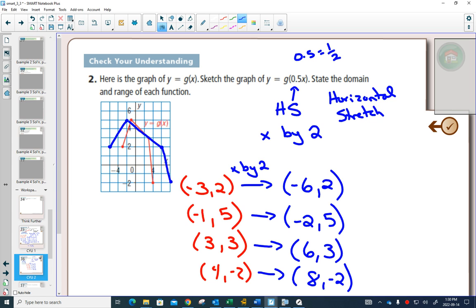Visually, the way that a stretch works, this is a horizontal stretch, is you stretch it away from the y-axis. So it would be like, as a visual, I grab half the graph on this side, half the graph on this side, and pull it away from the y-axis. Does my final graph match that?